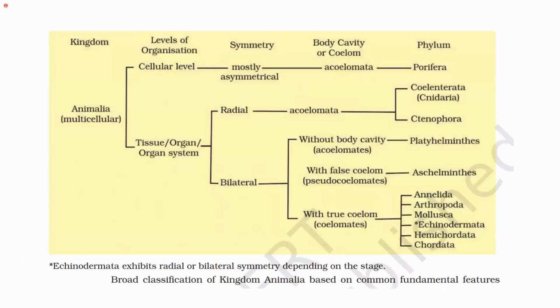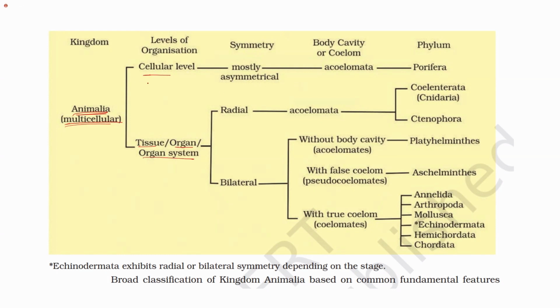So this is a kind of summary of whatever we have understood in the last lecture and in today's lecture till now. So we have the kingdom Animalia. This Animalia kingdom includes the animals that are multicellular, which are heterotrophic in nature, right? On the basis of level of organization, we have cellular level, and then tissue, organ or organ system level of organization.